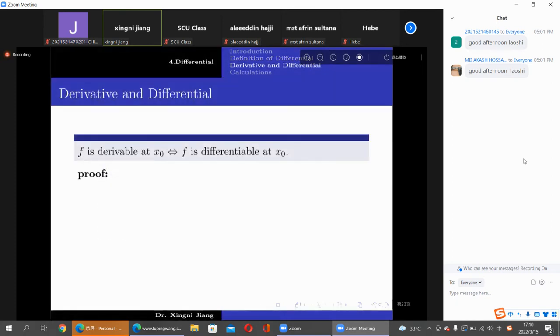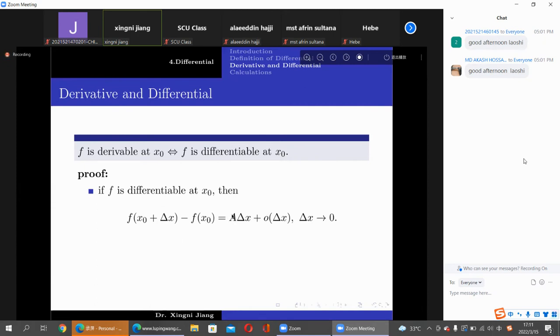Okay, let's see. First of all, I need to tell you that f is derivable at x0 if and only if f is differentiable at x0. If you still remember, if f is differentiable at x0, then we know the increment of the function can be written in two parts.